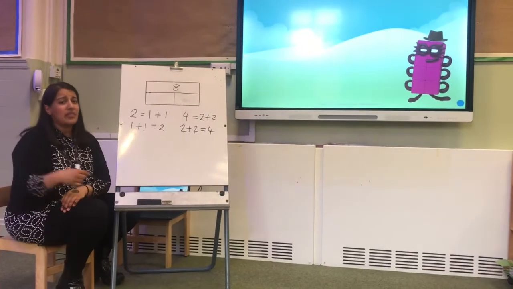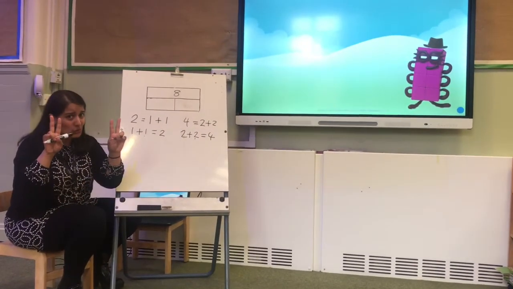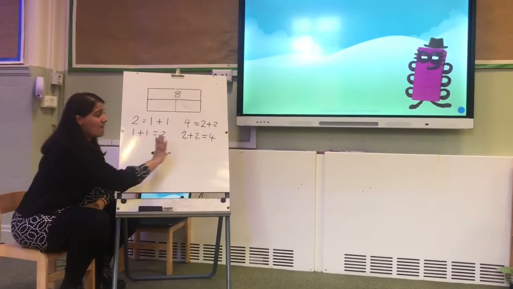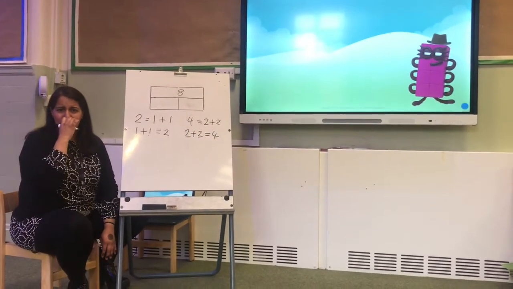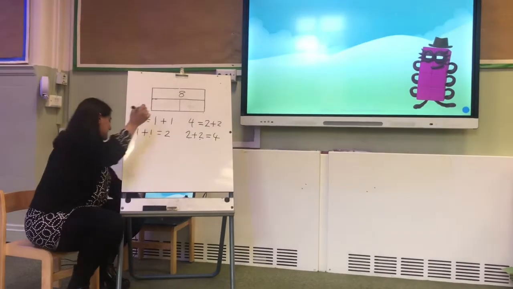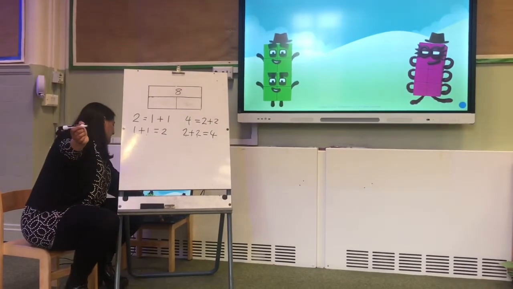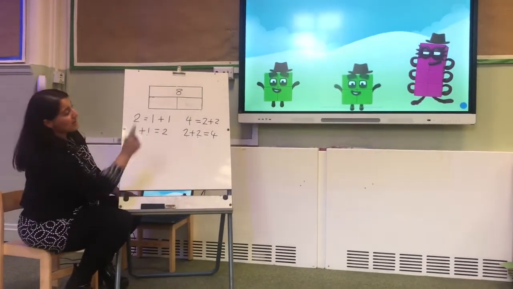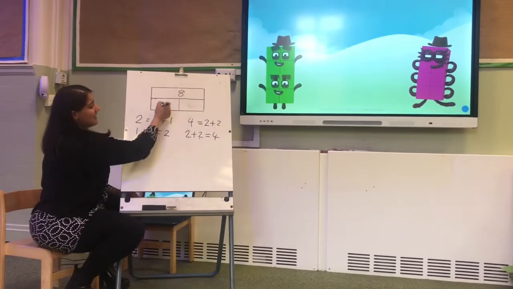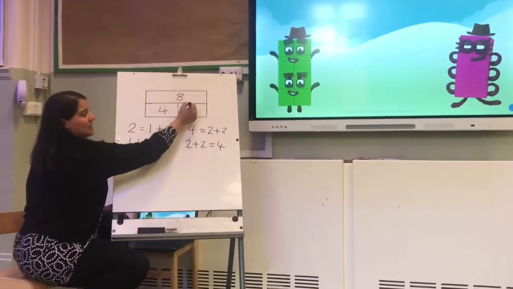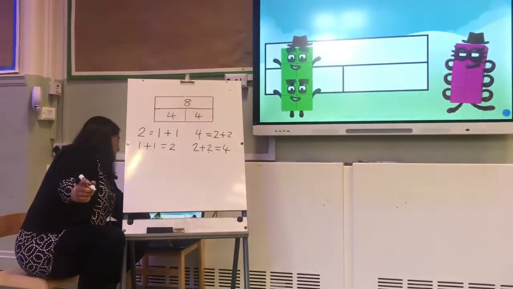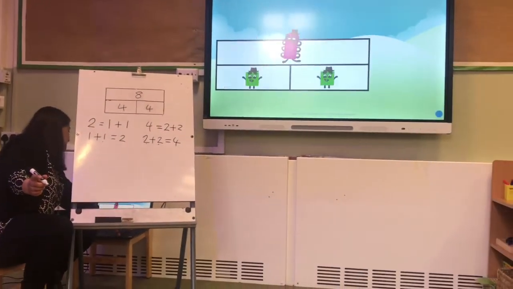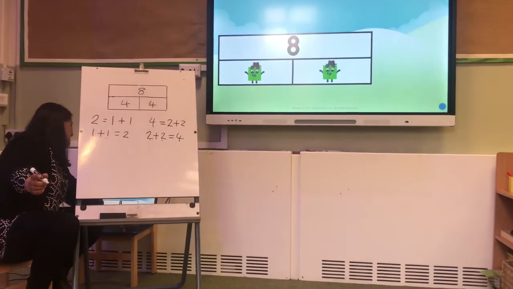We know that 2 add 2 equals 4. So I wonder what it is. Well done. Let's see if you're right. You're quite right. Looking at the board, it is 4 add 4 equals 8.